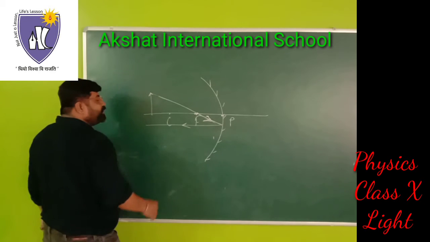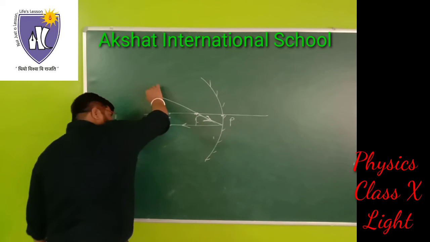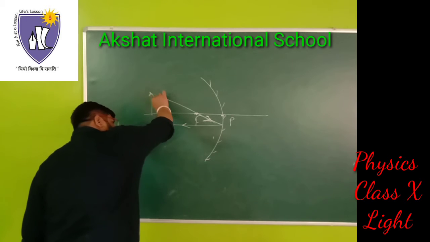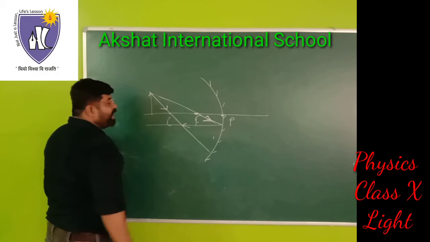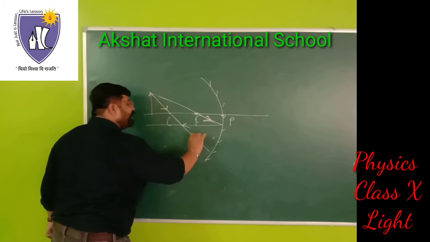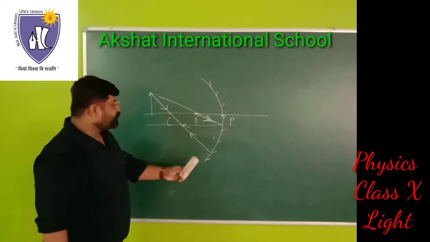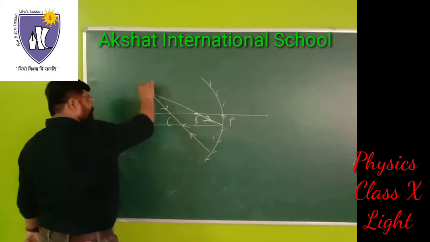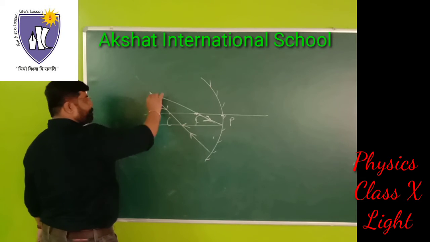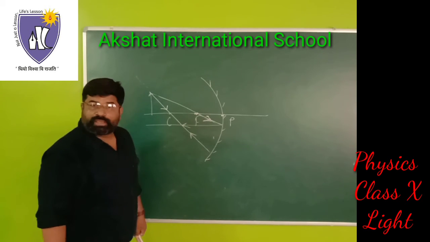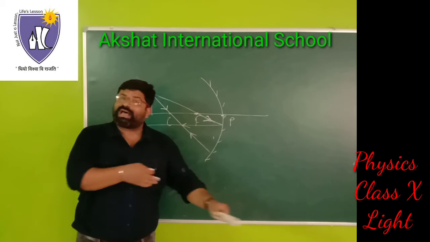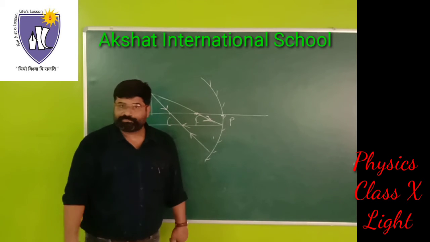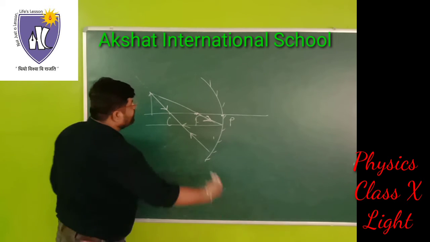Another ray you can take passes through the center of curvature; it will reflect back and trace its own path again. So if a ray passes through the center of curvature, it traces back its own path.